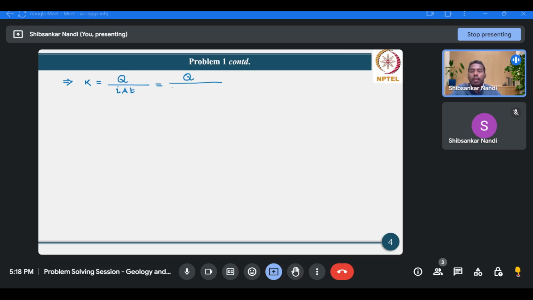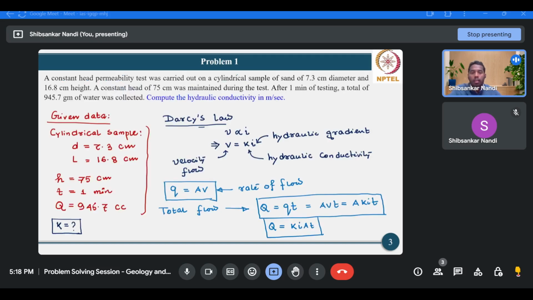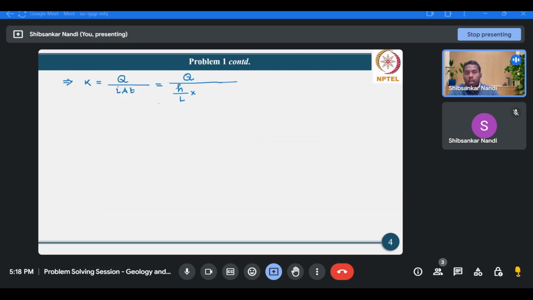This is the head loss per unit distance of flow, that means H upon L. This is the head loss divided by the distance over which the head is lost. So that is called hydraulic gradient. Then what is A? Since the sample is cylindrical in shape, the cross sectional area would be pi by 4 d square.